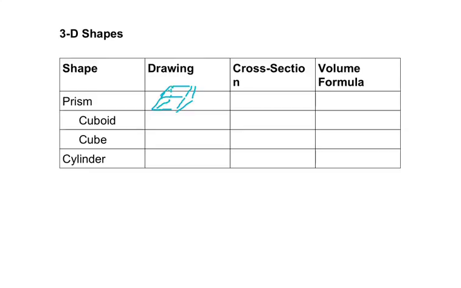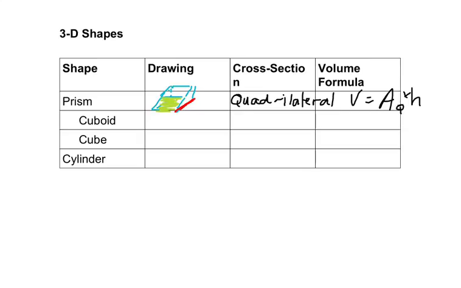Here, a cross-section would be a front parallelogram, and my height would be the distance of all those different parallelograms. So in this case, the cross-section is a quadrilateral, and the volume formula is the area of that quadrilateral times the height. I'm using that subscript Q to say that it's the area of the quadrilateral.